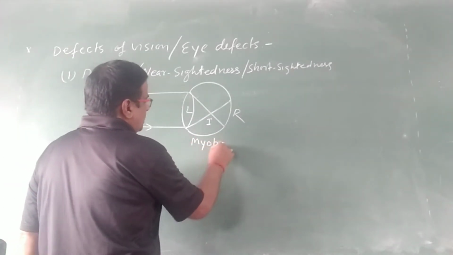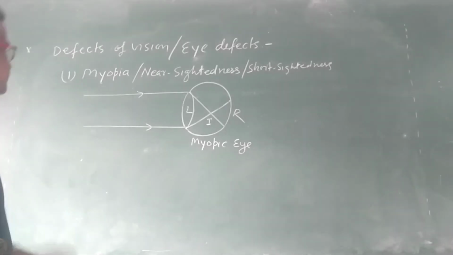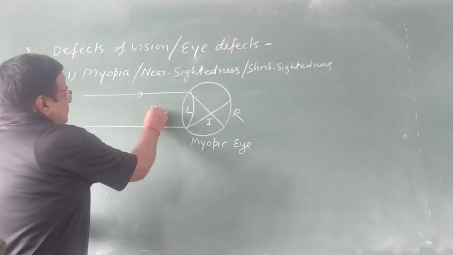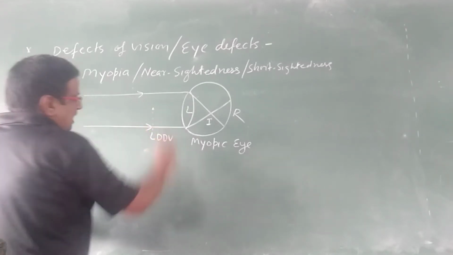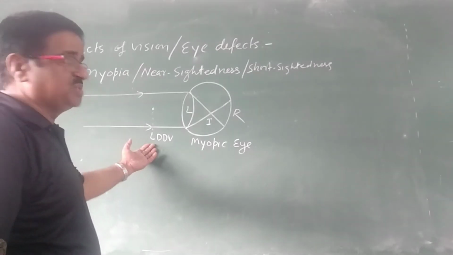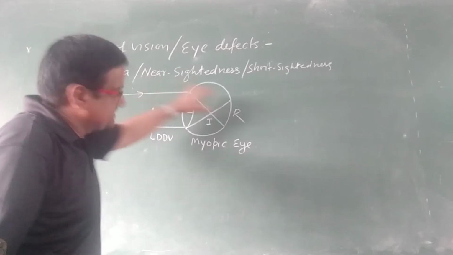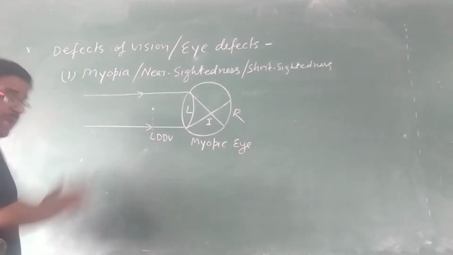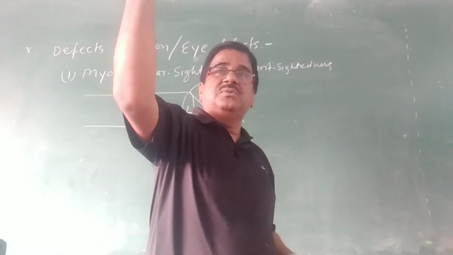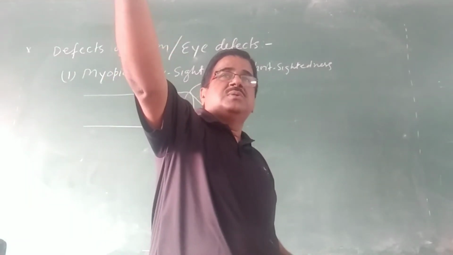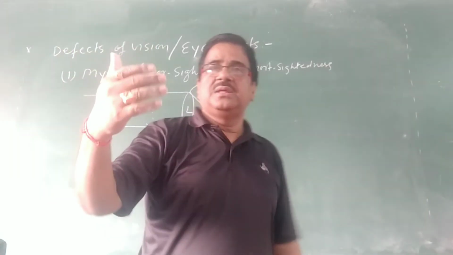This is a myopic eye suffering from some disease. But if the object is at the least distance of distinct vision, 25 centimeter, it can see. What happens if you start looking at far distant objects? You are not able to see clearly.